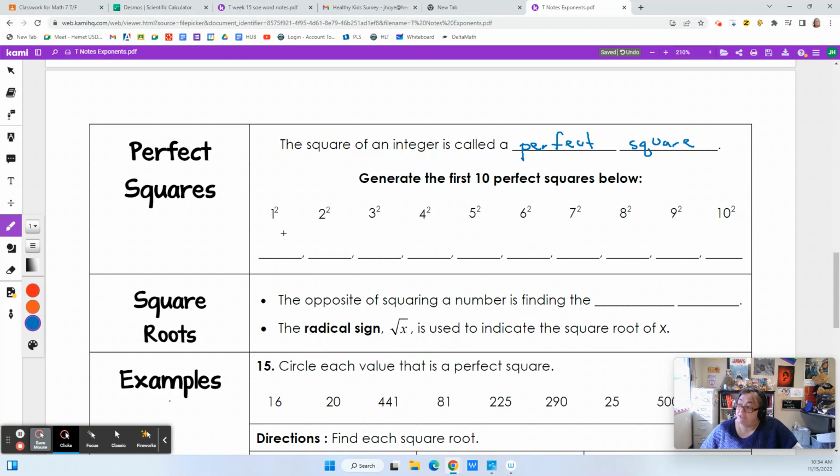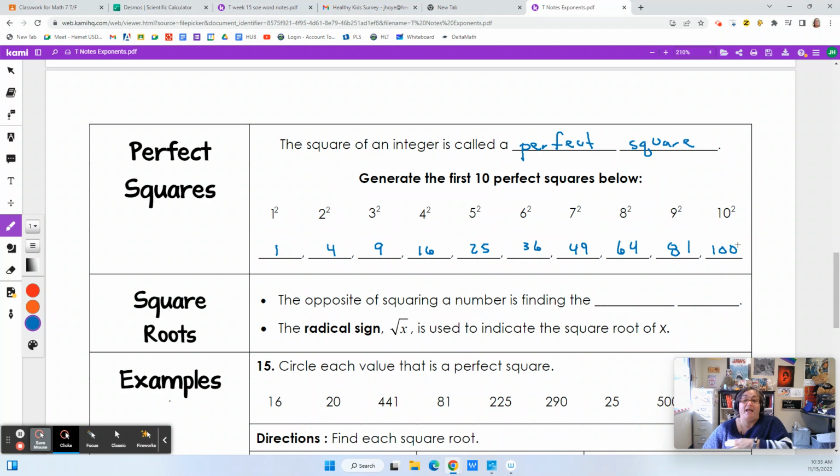And to start our first 10 squares, well, 1 squared is just 1 times 1, which is 1. 2 squared is 2 times 2, which is 4. 3 squared is 3 times 3, that's 9. 4 squared, 4 times 4, we've got 16. 25, 36, right? 7 times 7 is 49. 8 times 8 is 64. 9 times 9 is 81. 10 times 10 is 100.